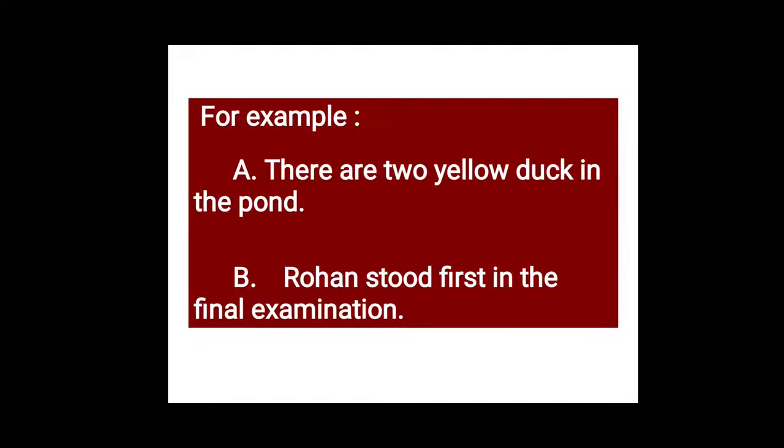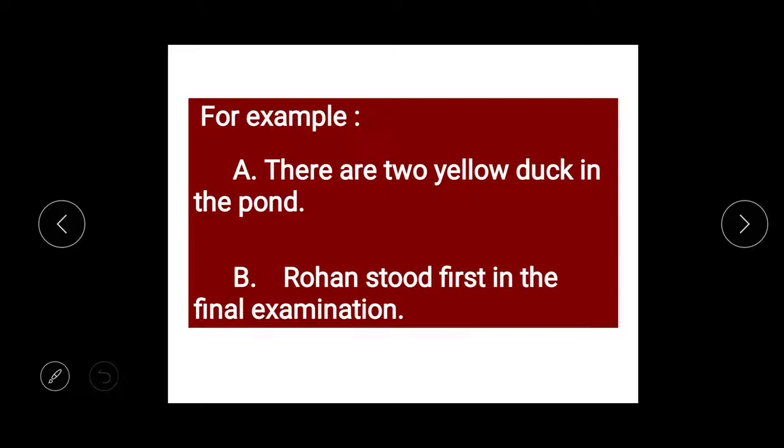At first, students, please look at the examples that I have included here. Number A is: there are 2 yellow ducks in the pond, and number B is: Rohan stood first in the final examination.